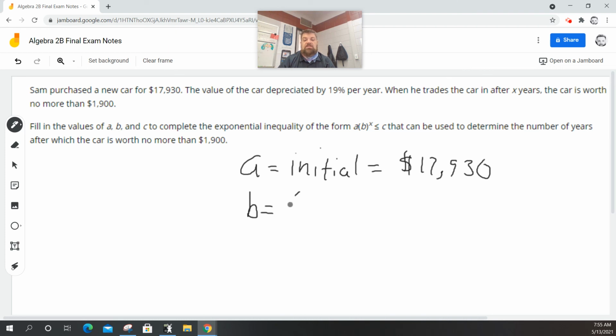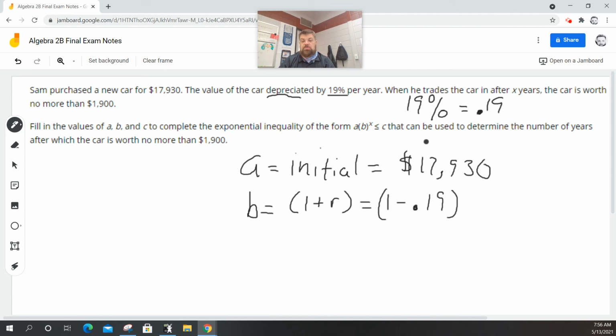B is 1 plus or minus the rate. Now, since it is depreciating by 19%, and that's as a decimal, that would be 1 minus 0.19, right? Because 19% is the same as 19 hundredths or 0.19.